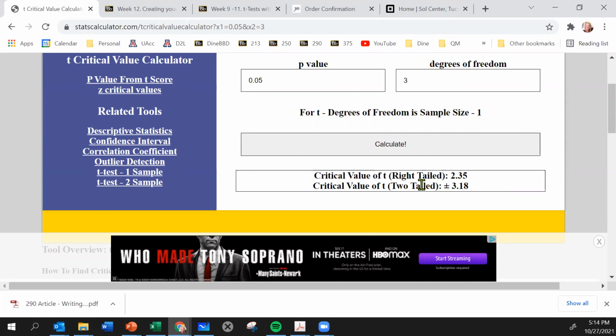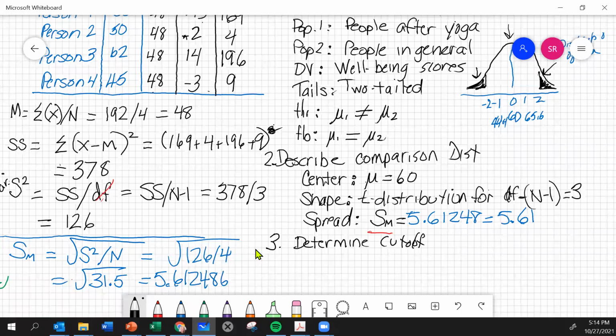We know we have a two-tailed test, so we need to use this plus or minus 3.18. In this case, the t cutoff for degrees of freedom equal to 3 equals plus or minus 3.18.